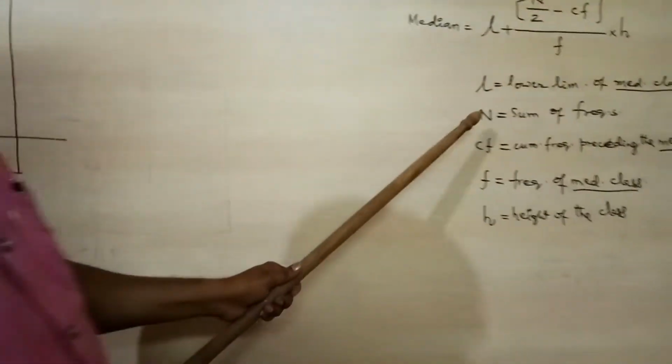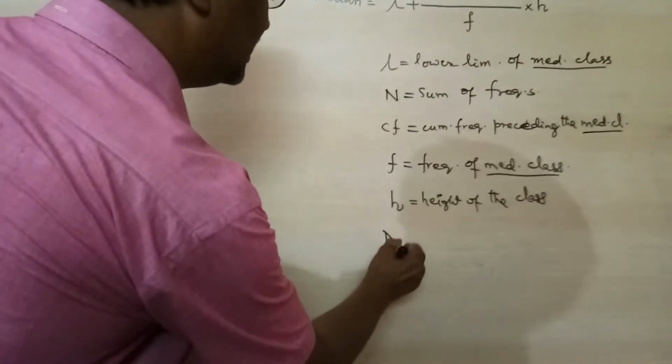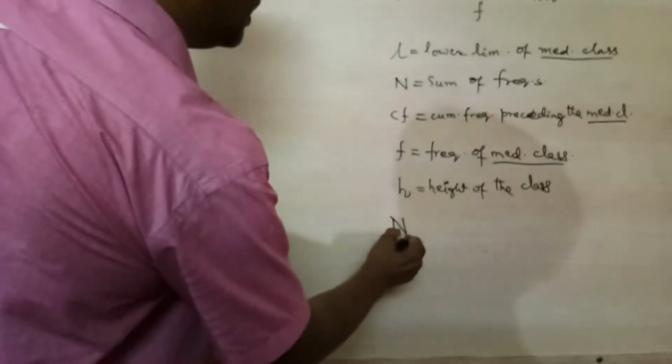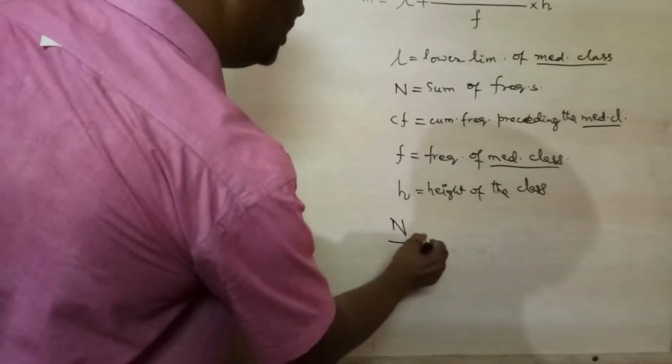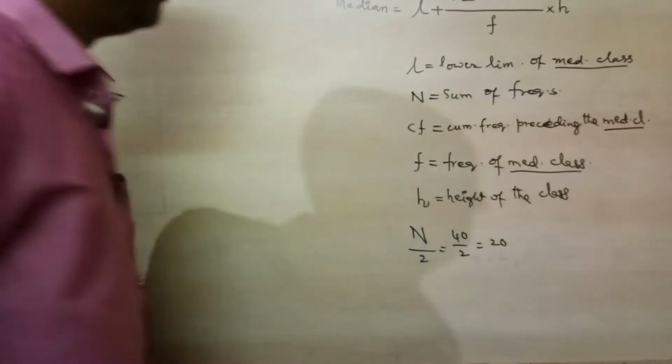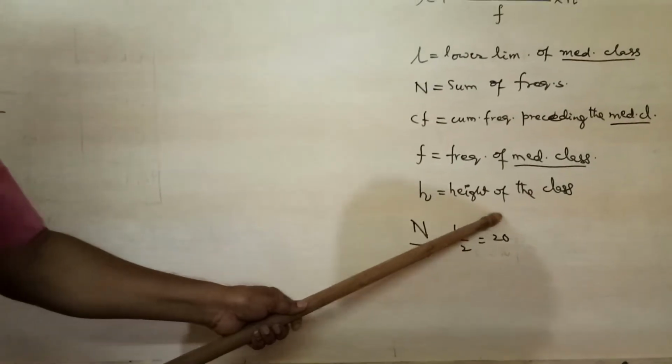Now find n by 2. Here n value is 40, so n by 2 means 40 by 2, which is 20. Now observe this 20 in the frequencies. There is no 20.